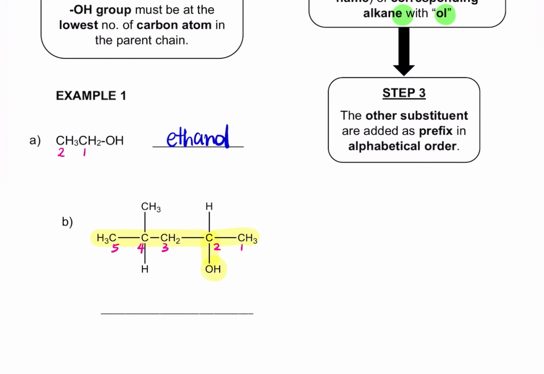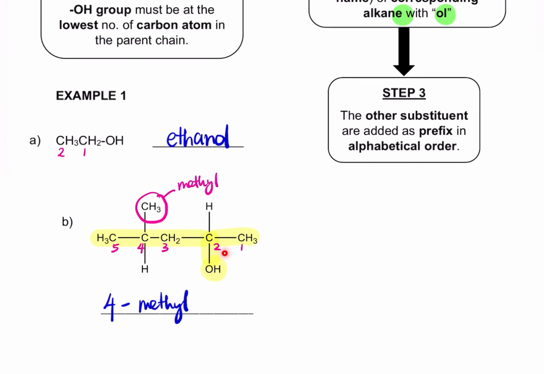And the next one, I got my substituent CH3 as methyl. So how am I going to give the name? I'm going to write down my prefix first for the substituent, where my substituent is at position carbon number 4. So the full name will be 4-methyl. And then I got my OH group at carbon number 2.